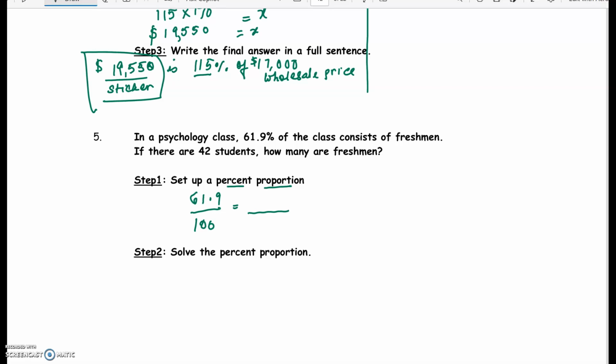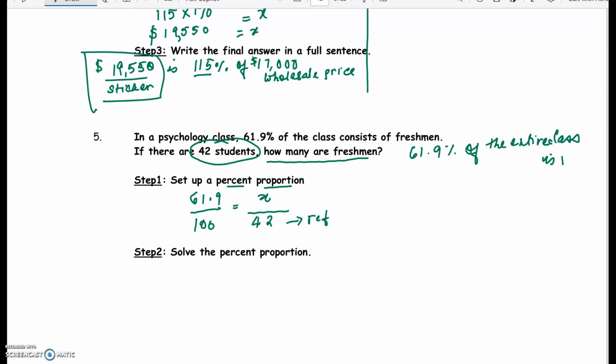And the question says, how many are freshmen? Freshmen are part of the entire class of 42 students. So I'm going to say X freshmen, which is part of the whole, which is 42 students. So this is a reference value because we are saying that 61.9% of the entire class is freshmen.